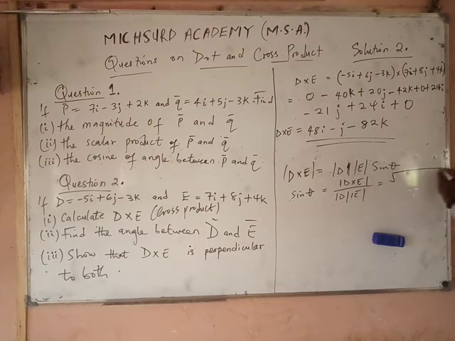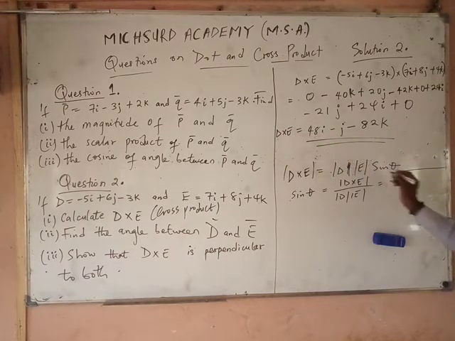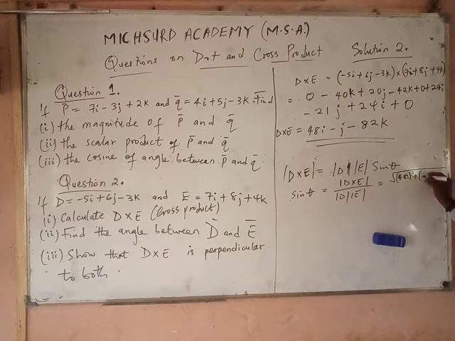Alright, so if we solve this, we have to know the magnitude of D cross E, which is taking the square root of 48i all squared plus minus j all squared plus minus 82k all squared.